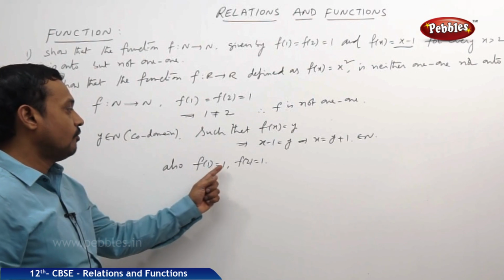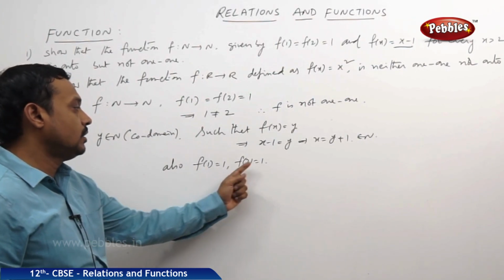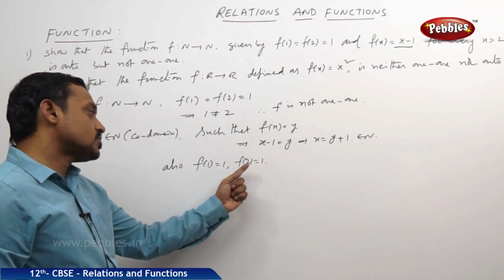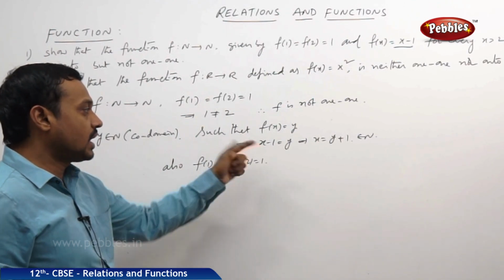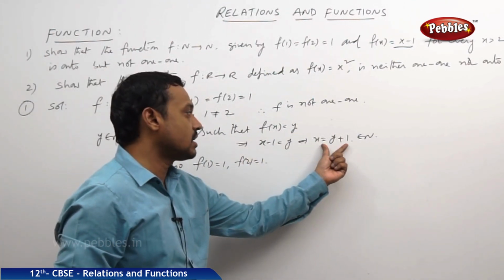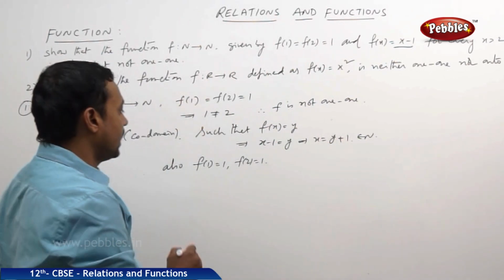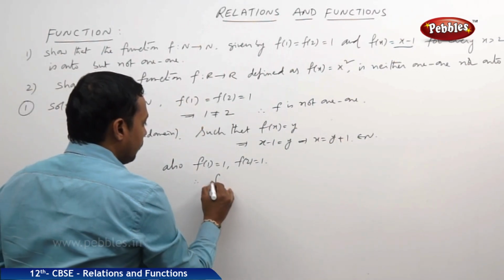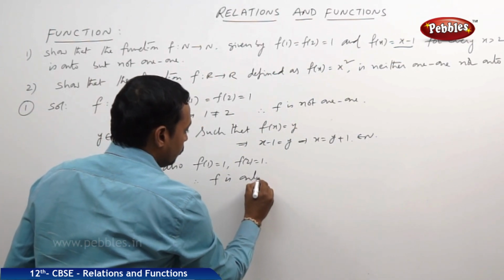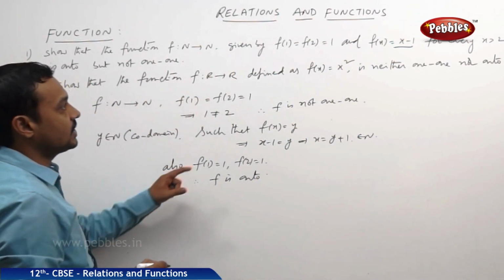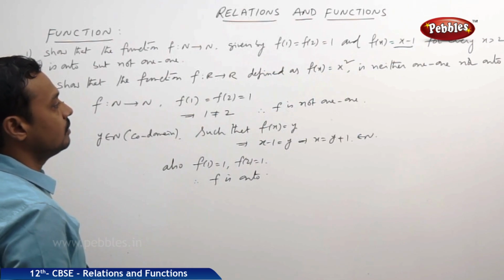That means 1 has the pre-image 1, and 1 also has the same pre-image 2, but in the rest of the cases the pre-images are in the form of y plus 1. So, definitely the given function f is onto. So, the function is onto but not 1-1.